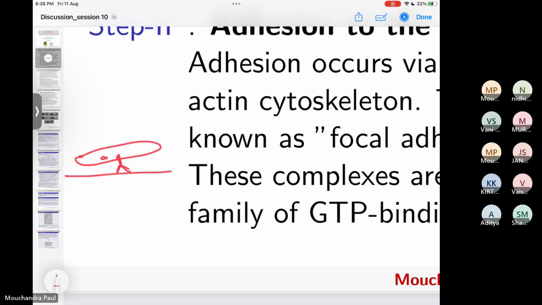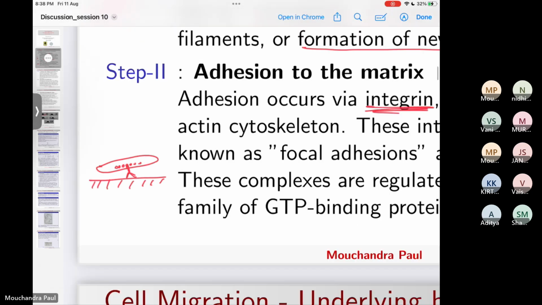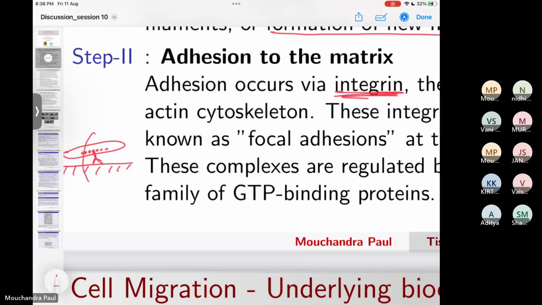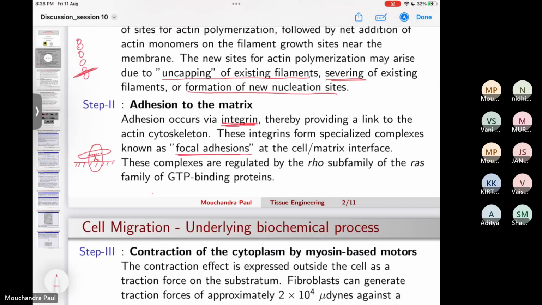So this is the actin polymer chain in the cytoskeleton, and it is connected to the substrate by the integrin receptors. This particular type of adhesion, or point of adhesion, is called focal adhesion.